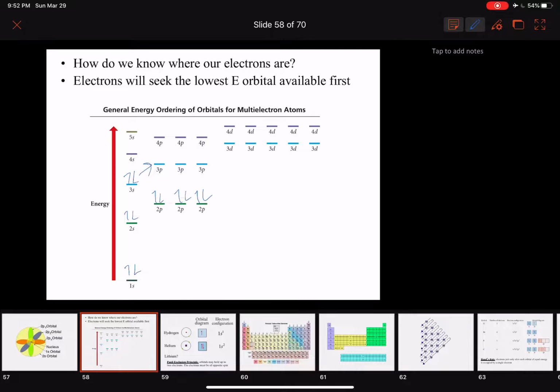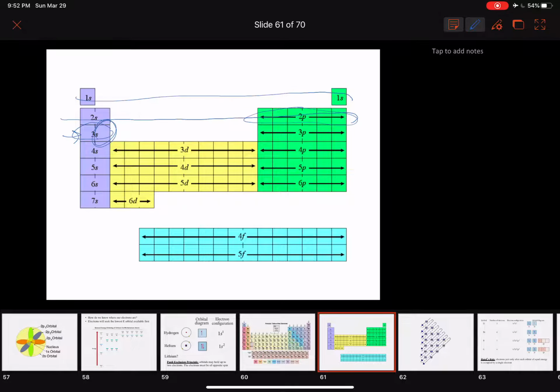So we have 3px, 3py, and 3pz. If we look at this chart, we can see that here we're going to hop on over to the 3p zone, and aluminum is right there.